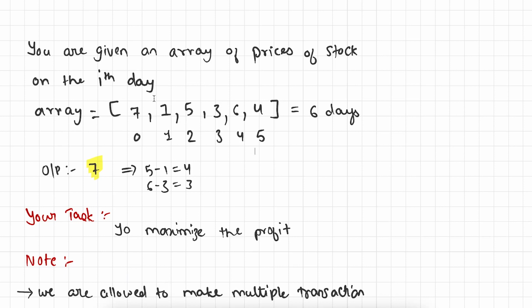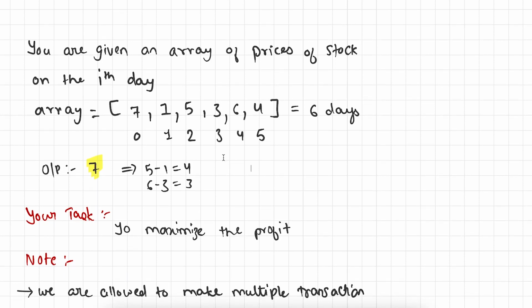If I buy stock on day 1 and sell it on day 2, I make a profit of $4. Then if I again buy stock on day 3 and sell it on day 4, I make a profit of $3, because 6 minus 3 is 3. So in total, I am making a profit of 4 plus 3, that is 7. This is how we have to do trading in such a way that we maximize the profit.